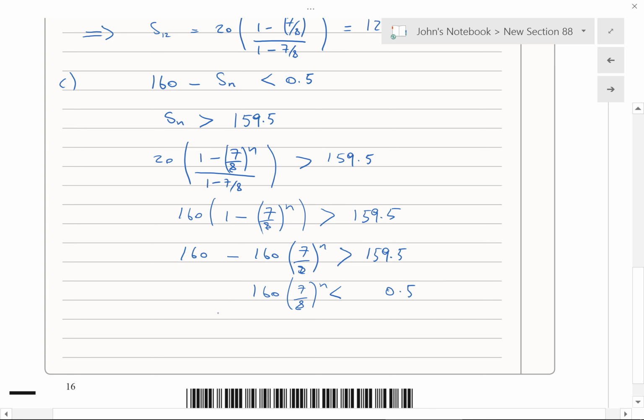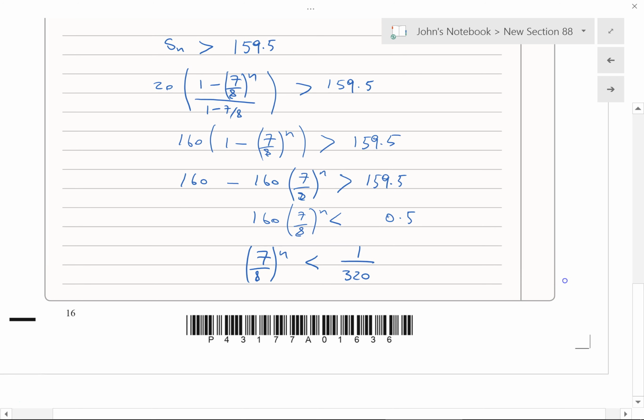There we go. So now we're dividing through: 7 over 8 to the n has got to be less than 0.5 over 160, which is the same as 1 over 320. Okay, so we've got 7 over 8 to the n less than 1 over 320.